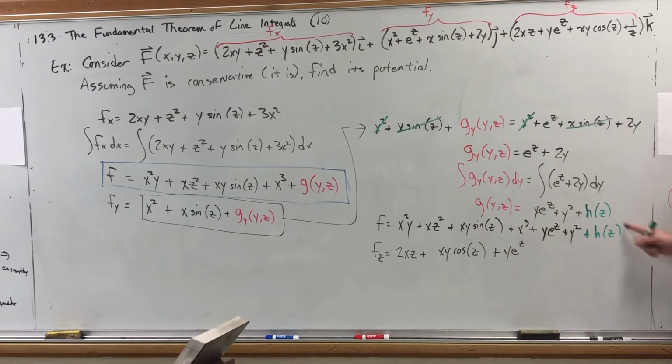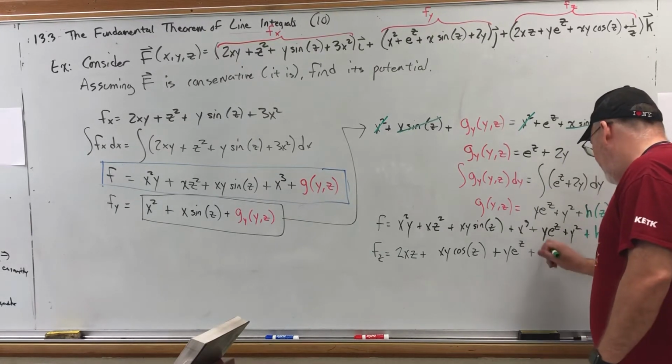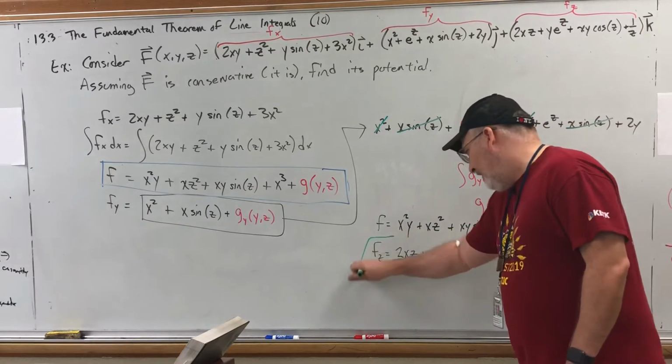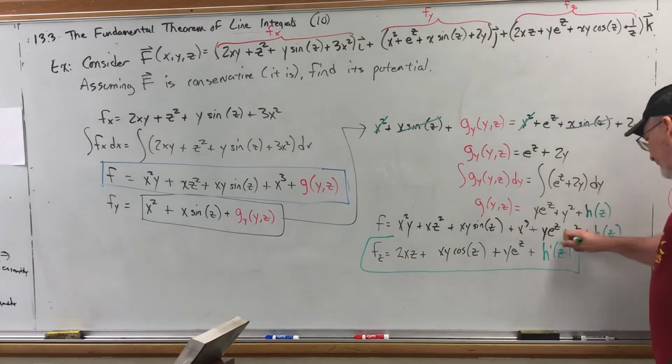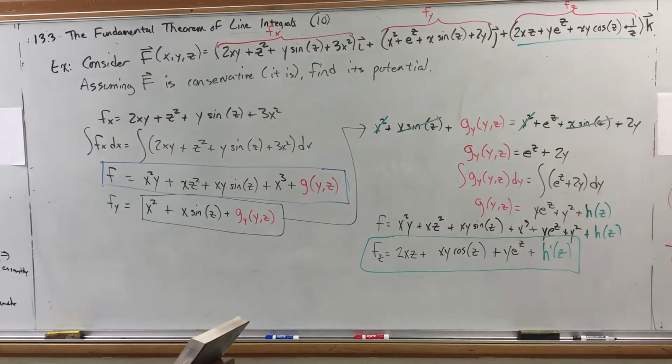But this is just a function of z. It contains no x's or y's. So its partial derivative is its ordinary derivative, h prime of z. So now we've got the partial derivative of f with respect to z is this mess, but we also know that it's this mess. So at this point, all we have to do is compare.